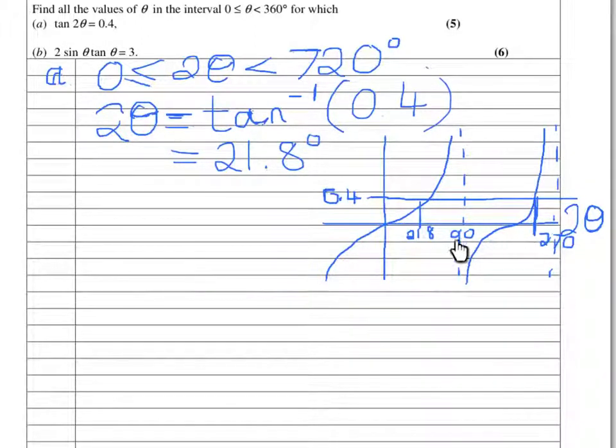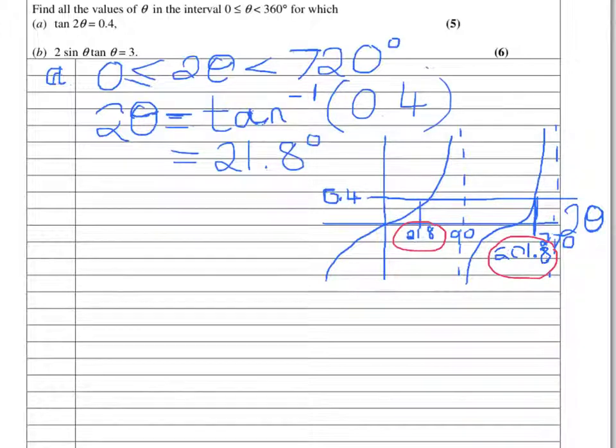If you think about the interval between 90 and 270, that's 180. So to find this value, I can just add on 180, which gives me 201.8. So those are our values here, 201.8, 21.8. And that is going to keep repeating every 180 degrees.